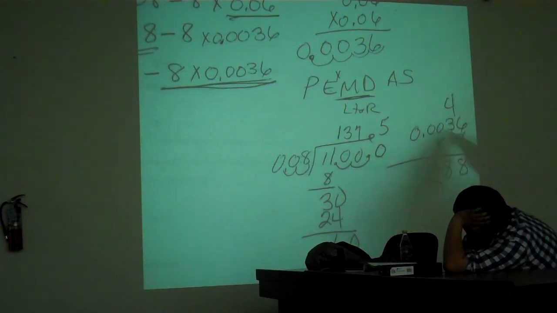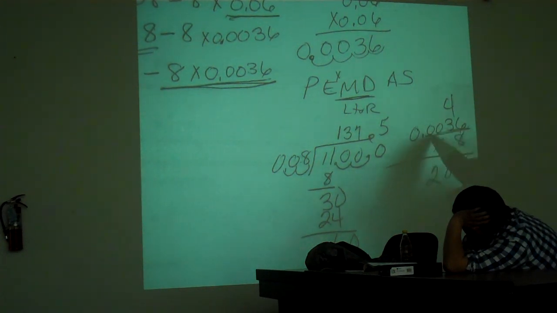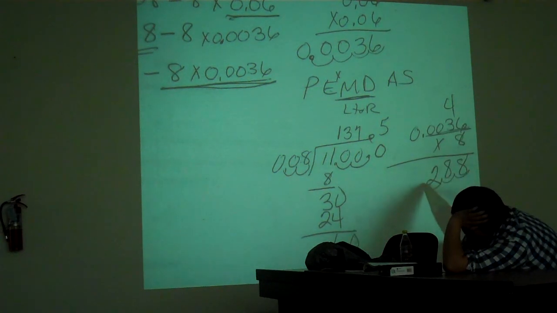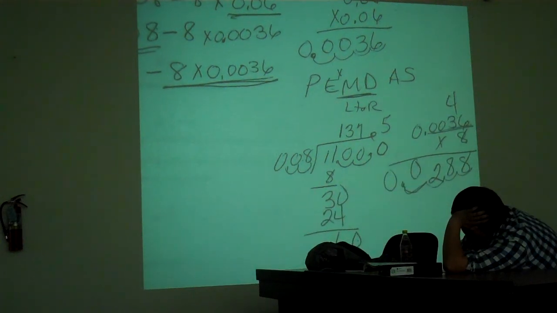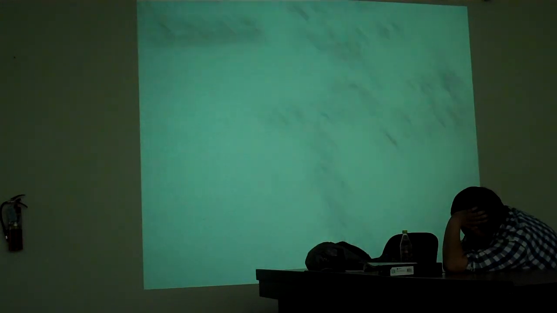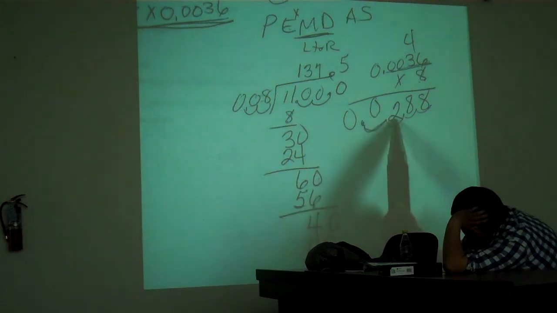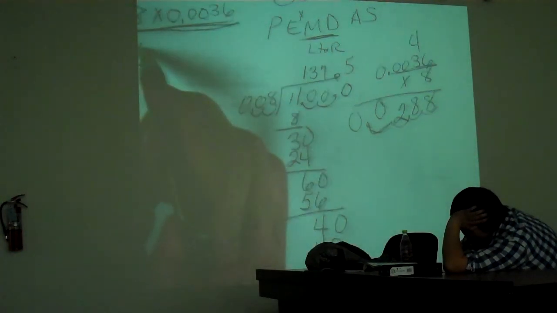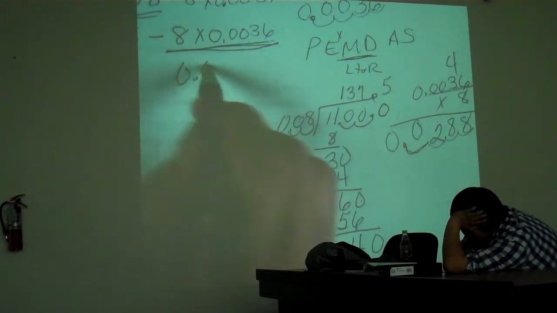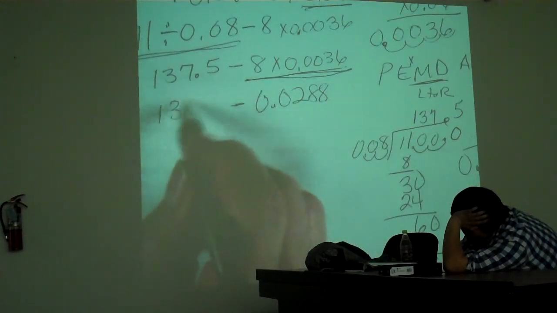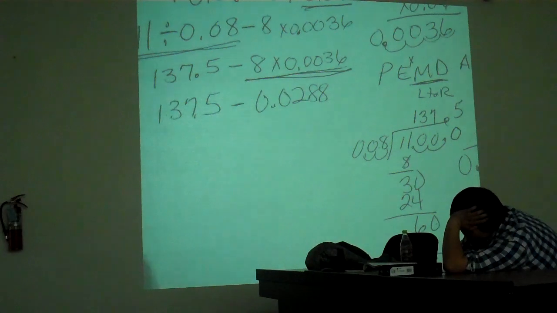And that's all the numbers you have to multiply there, so you need to move it back 4 times. 1, 2, 3, 4. You have to put a 0 in front of it. So you have 0.0288.